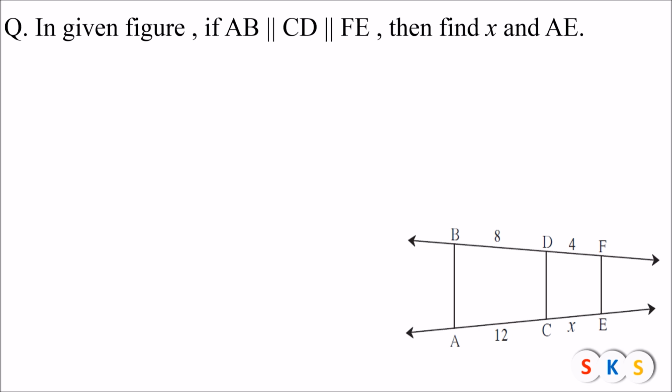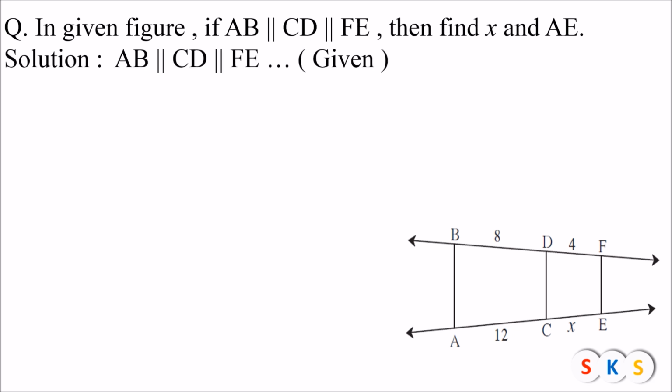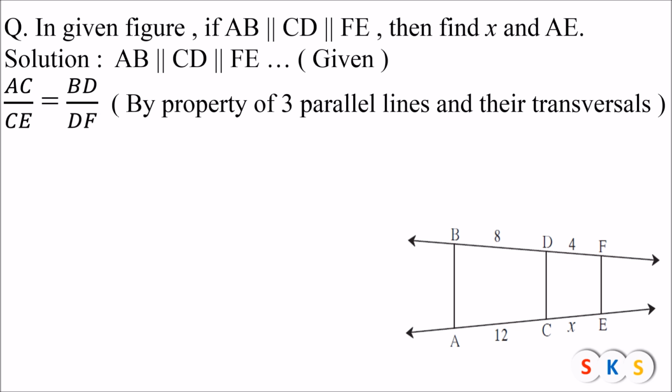What is this property? This property says that the ratio of intercepts formed on one transversal is equal to the ratio of intercepts formed on the other transversal. So here AB is parallel to CD is parallel to FE, right? It's a given. So AC upon CE equals BD upon DF, according to the property of 3 parallels and their transversals.